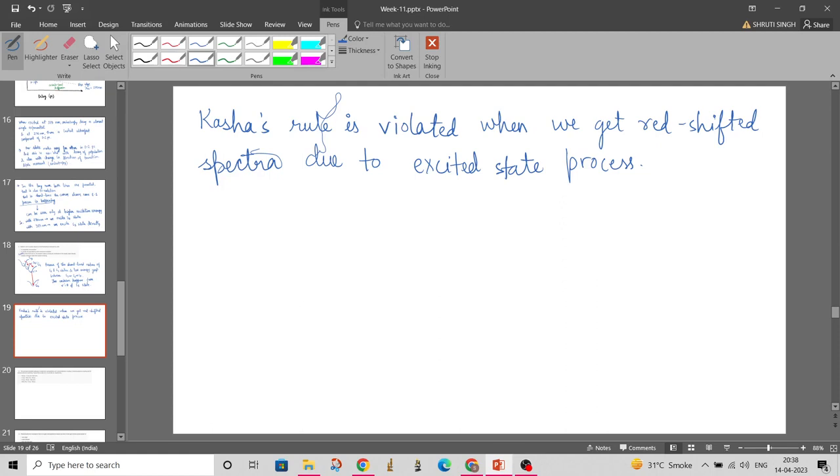But when an excited state process happens, it's not a mirror image. Due to the excited state process, there is a new peak which is redshifted.